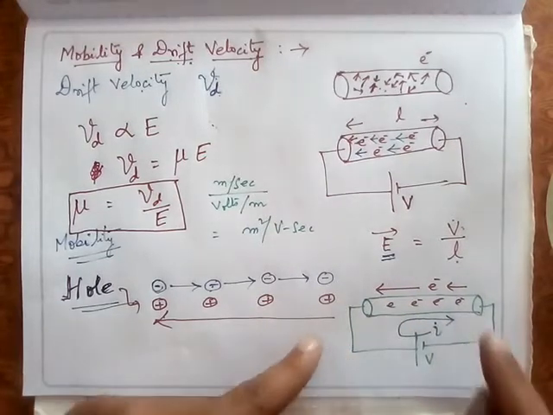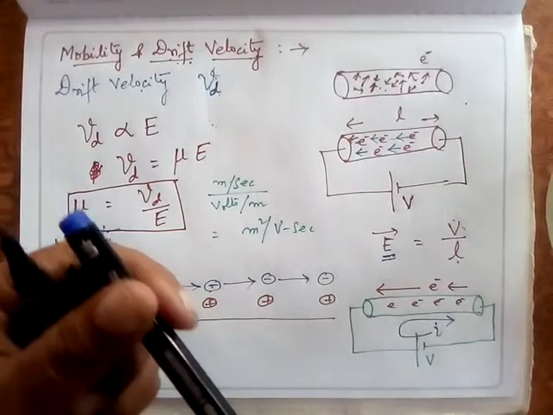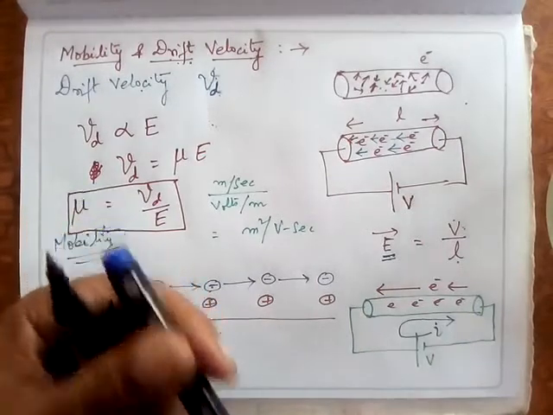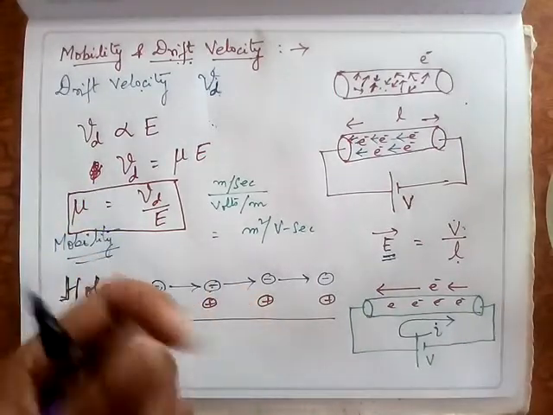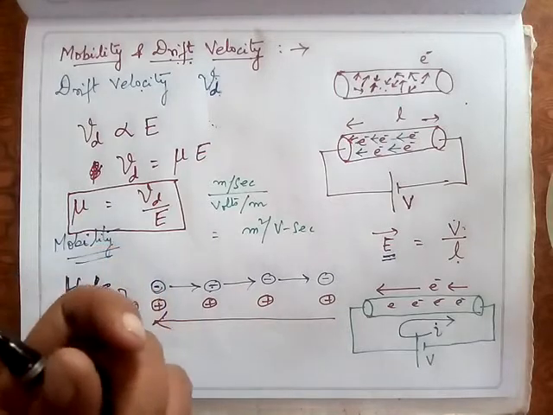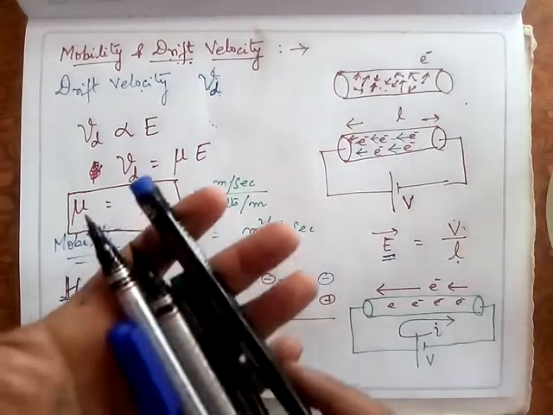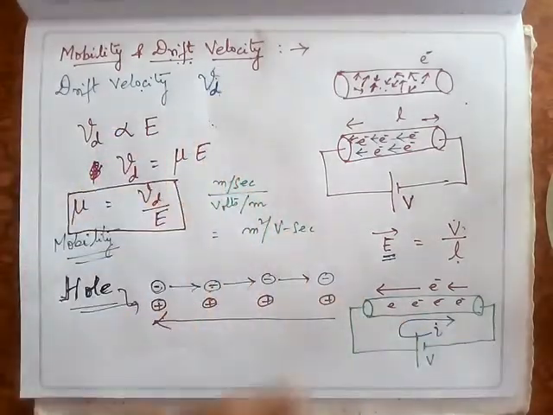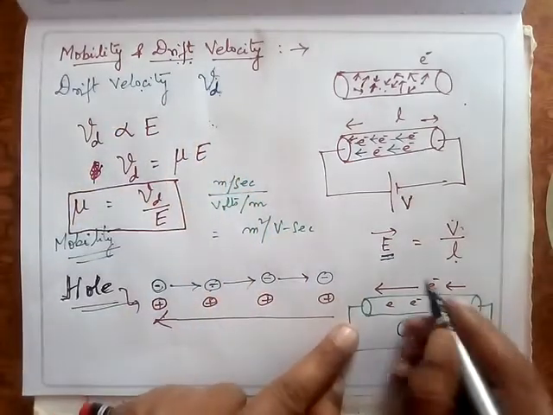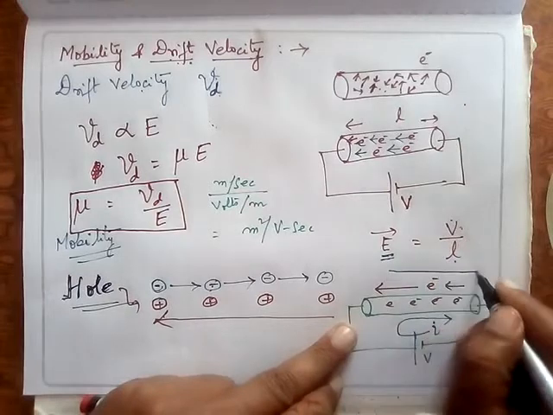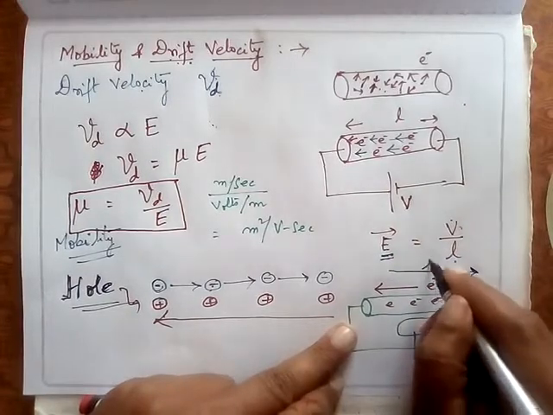Now one more thing, if the electrons are flowing in this direction, it is very clear that the holes will flow in the opposite direction. Let me show with a different color, I'll use the black one.